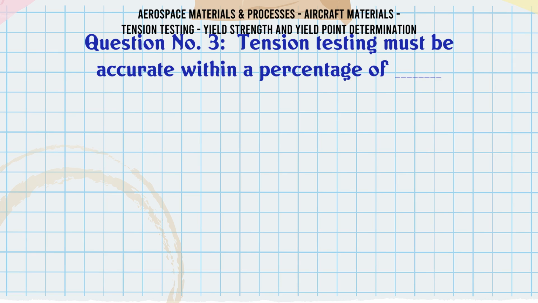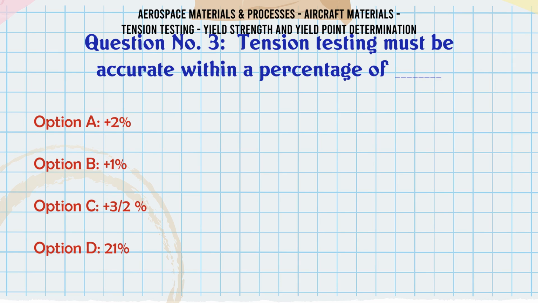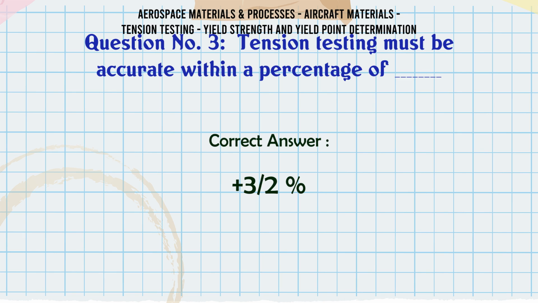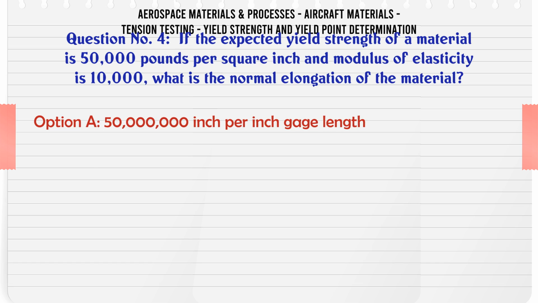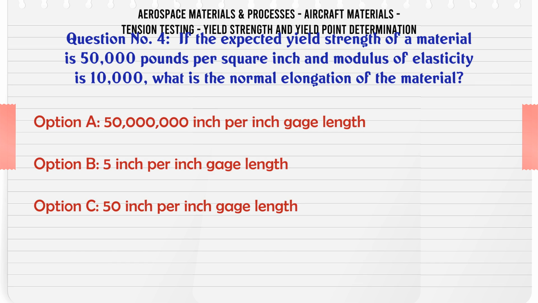Tension testing must be accurate within a percentage of A 2, B 1, C 32, D 21. The correct answer is 32. If the expected yield strength of a material is 50,000 pounds per square inch and modulus of elasticity is 10,000, what is the normal elongation of the material?